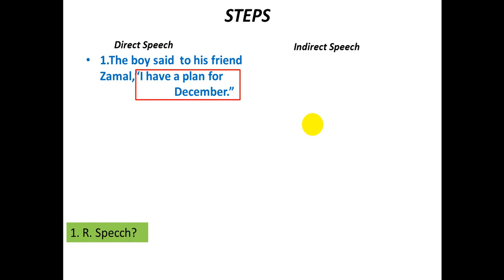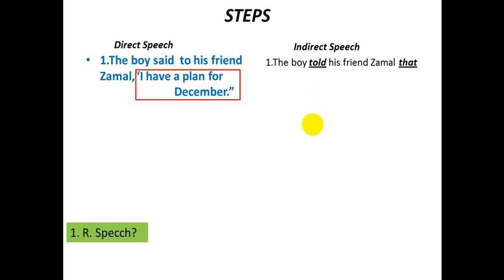So this is an assertive sentence, and of course you already know where to bring change on the basis of the reported speech. Okay, so look at the change: The boy told his friend Jamal that.